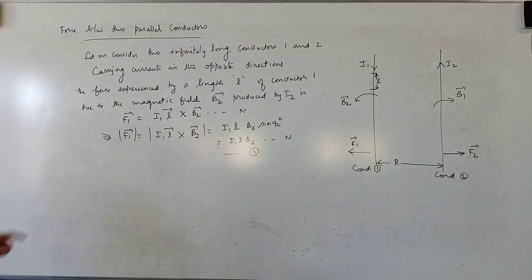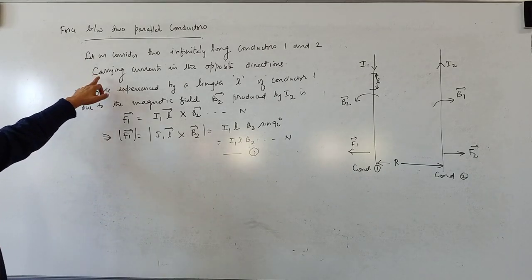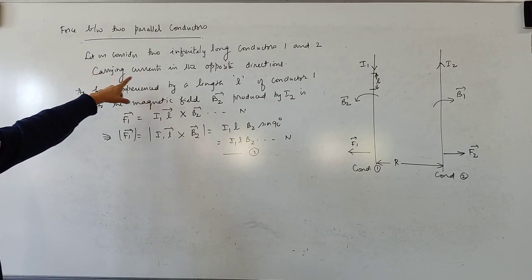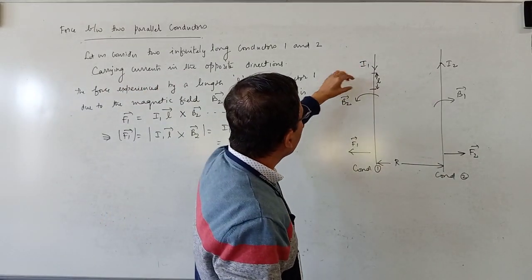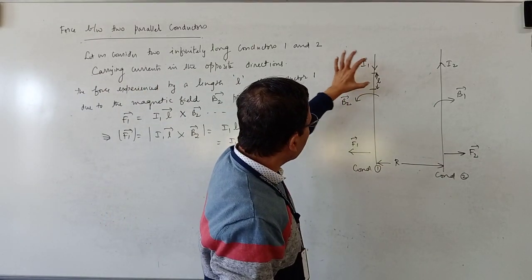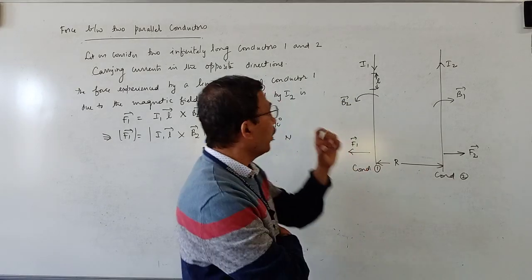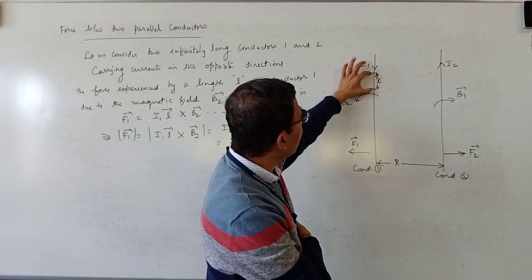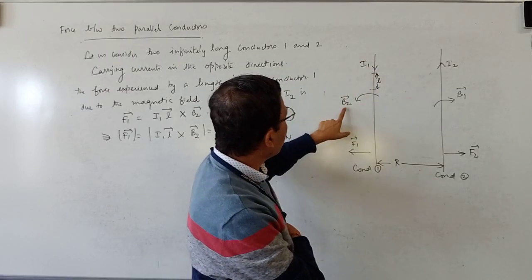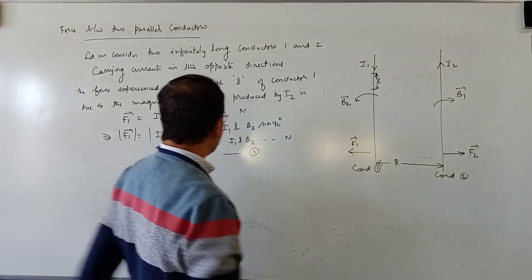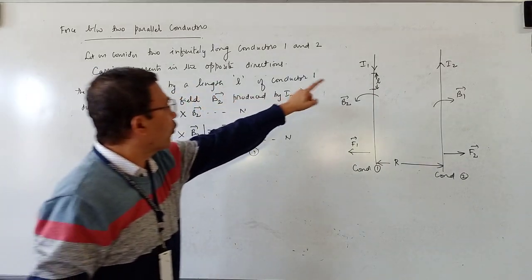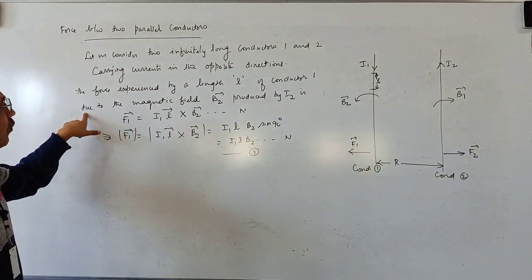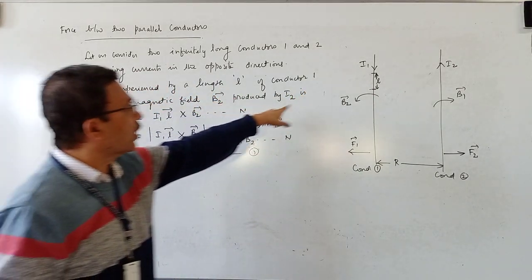What I have written here is, let us consider two infinitely long conductors 1 and 2 carrying currents I1 and I2 in opposite directions. I have taken a small length L of conductor 1 and I want to find the force experienced by this length L due to the magnetic field B2 produced by the current I2.